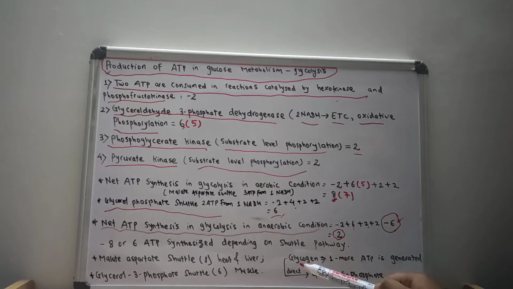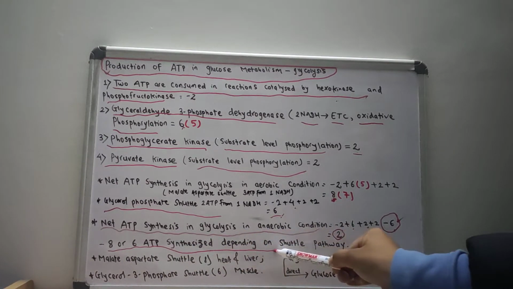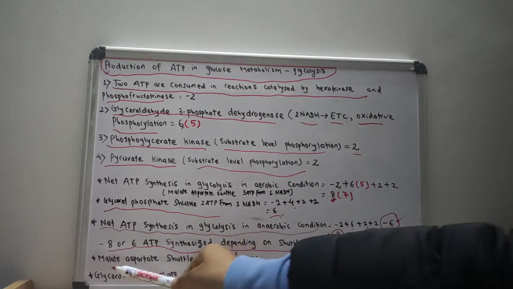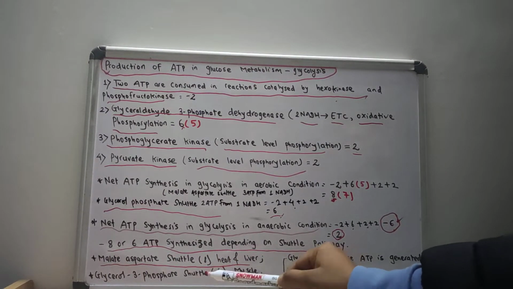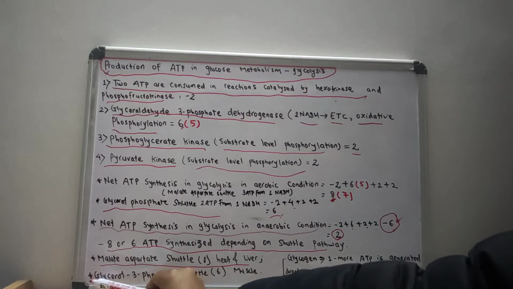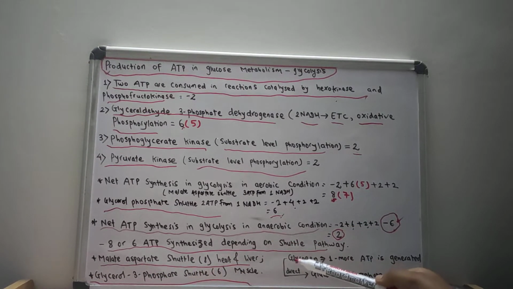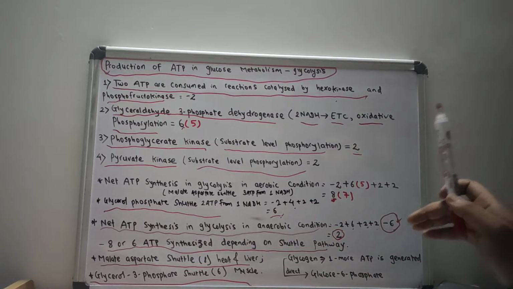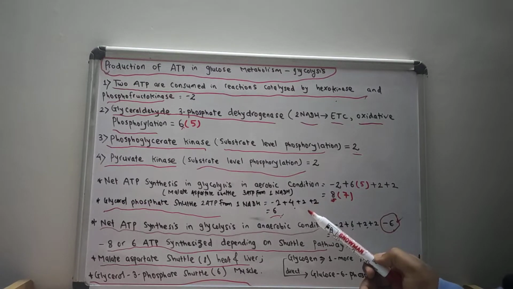So as I have already said, 8 or 6 ATP is synthesized depending on the shuttle pathway in the aerobic condition. In the malate aspartate shuttle, net 8 ATP is produced, and in the glycerol 3-phosphate shuttle, net 6 ATP is produced. Also keep in mind that in the presence of mitochondria and oxygen, the NADH produced in glycolysis can participate in the shuttle pathway.